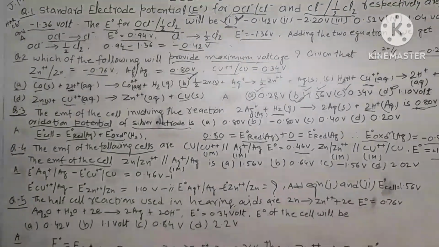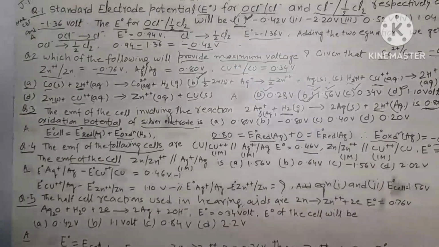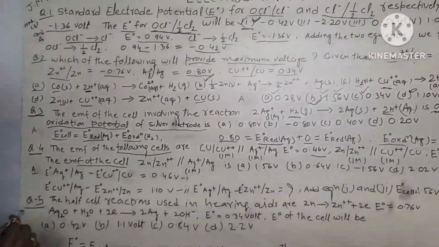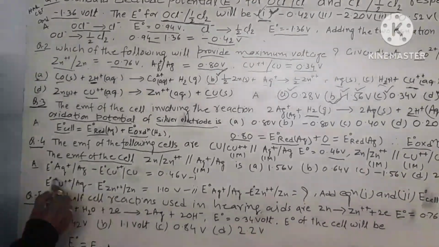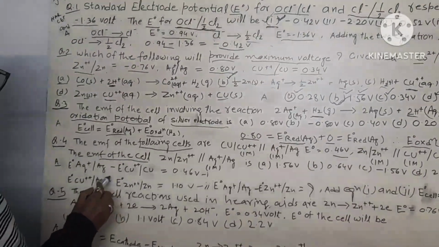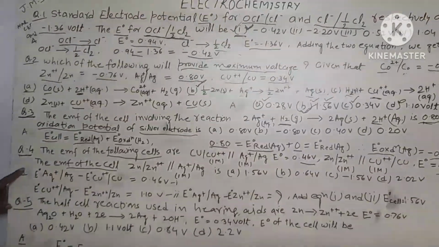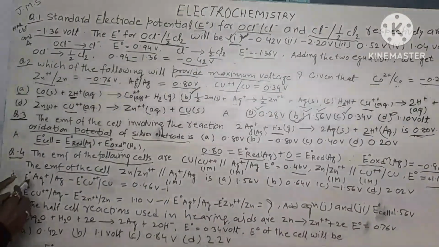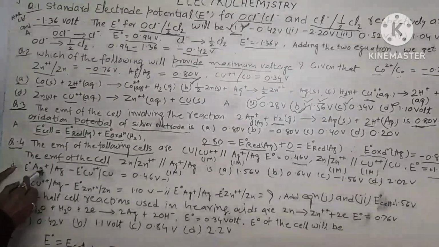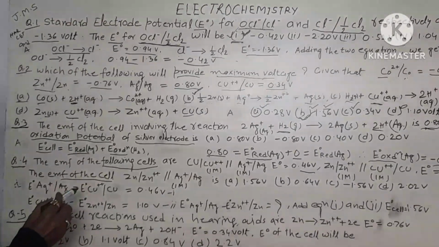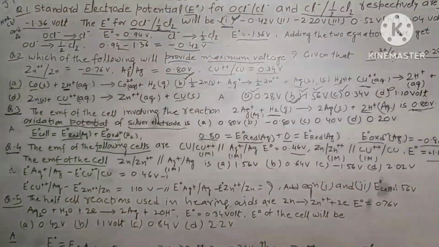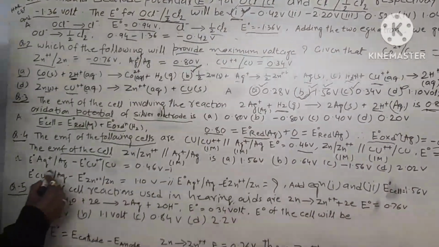Here you can see, you want the silver electrode potential minus the copper electrode potential. How do you get this?